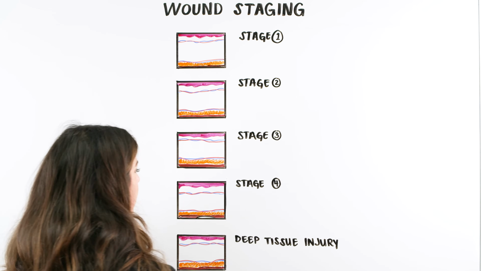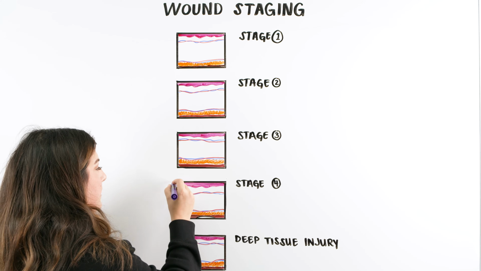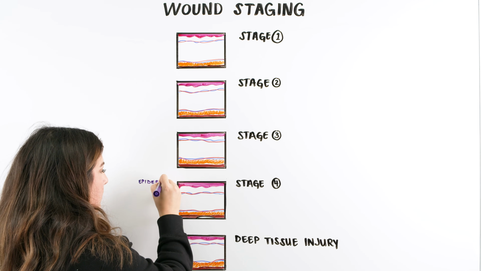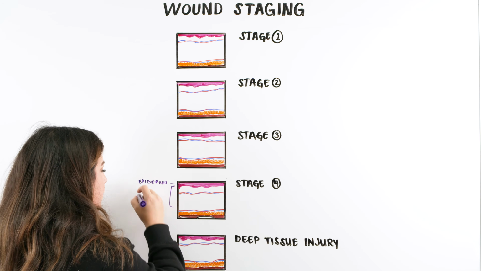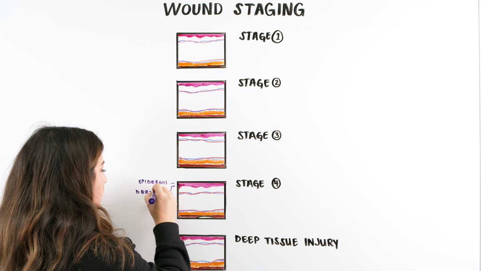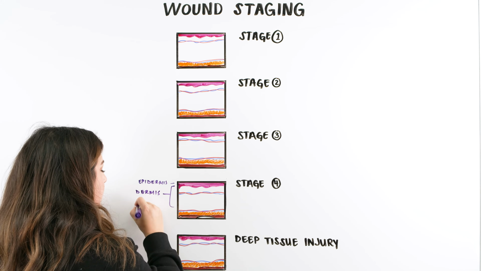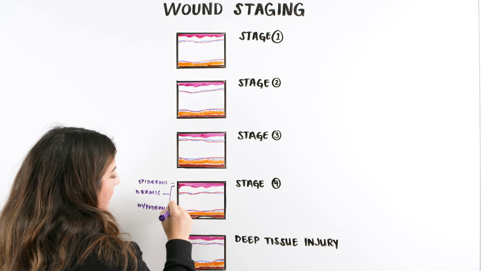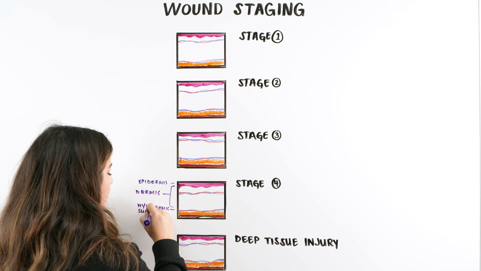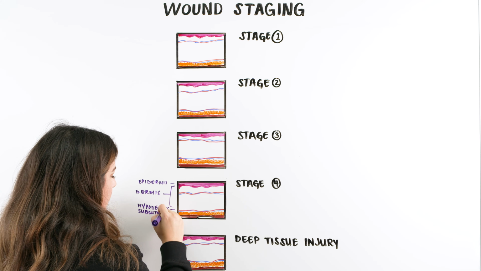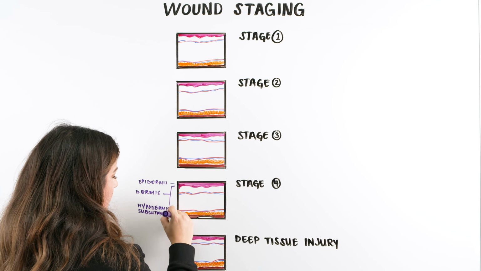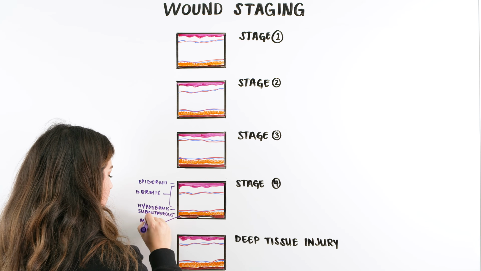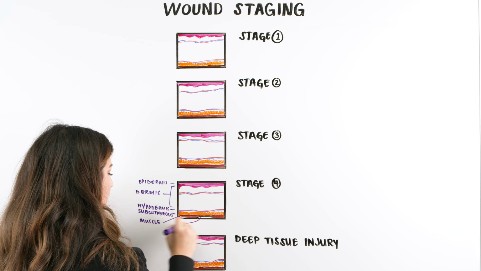We have the epidermis right here at the top, then we have the dermis, our capillary bed and perfusion, then the hypodermis, underneath that the subcutaneous, and then things like muscle, and then we also have bone.